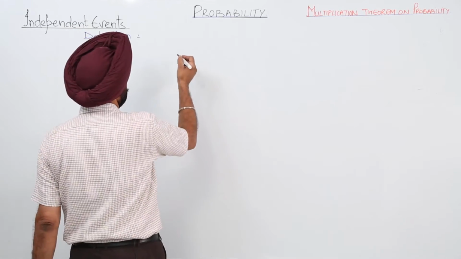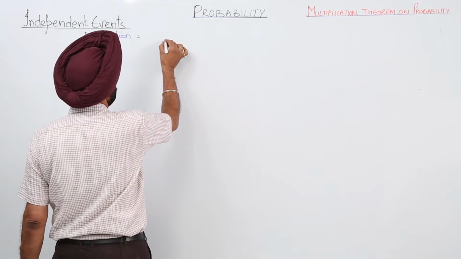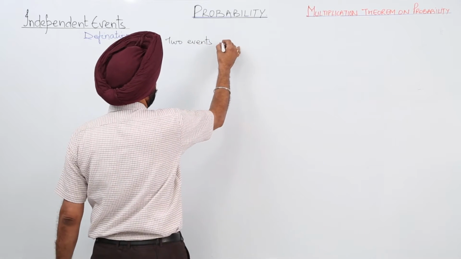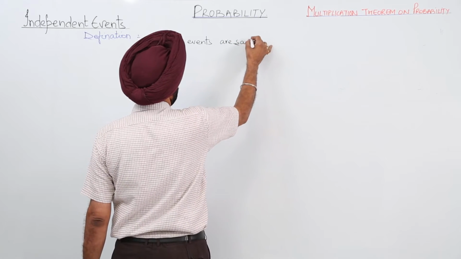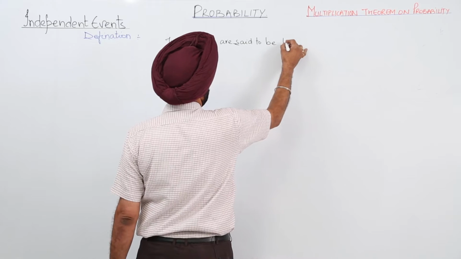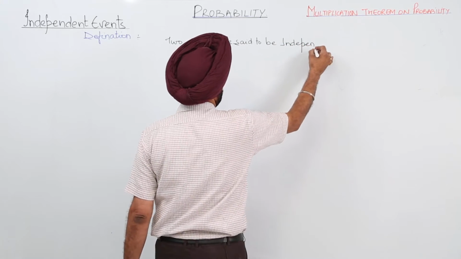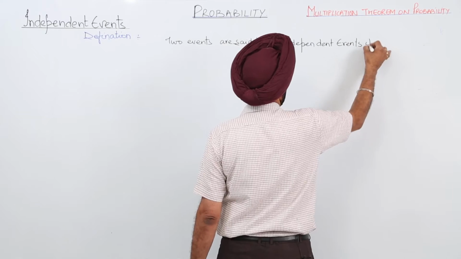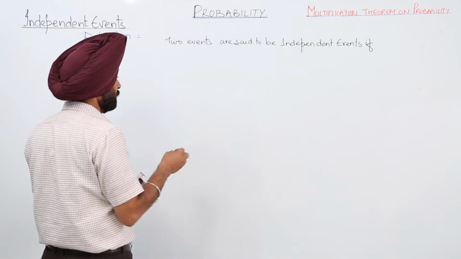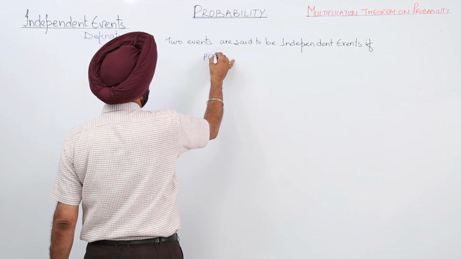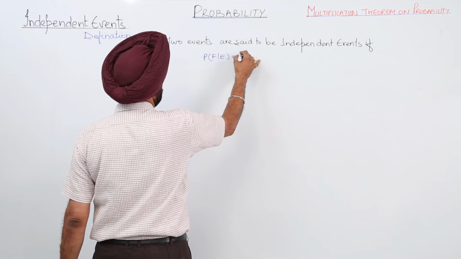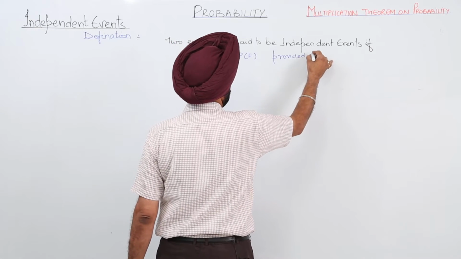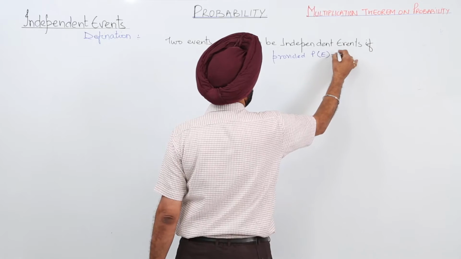Now from that definition and from that explanation, two events are said to be independent events if P(F|E) is equal to P(F), provided P(E) is not equal to 0.